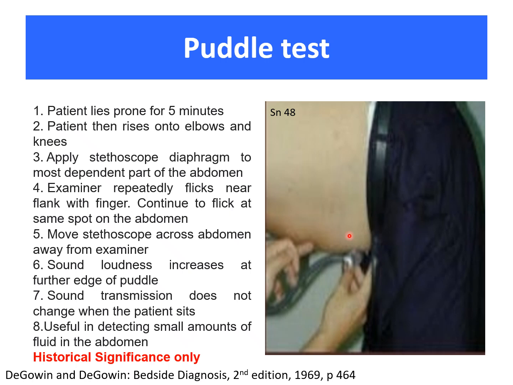And as you move the stethoscope further up from where the fluid is to where there's no fluid, then that flicking sound would increase. The sound transmission does not change when the patient sits. This is a useful sign, they claim, for detecting small amounts of fluid in the abdomen.